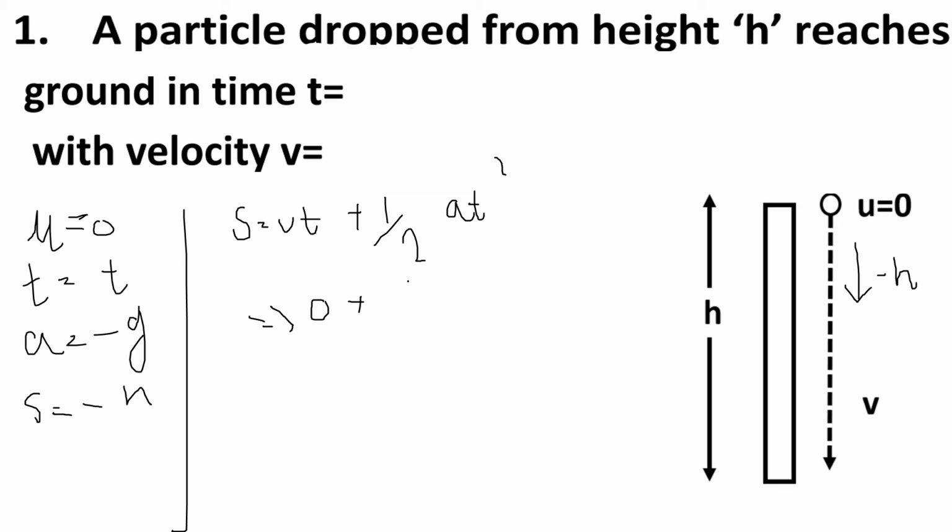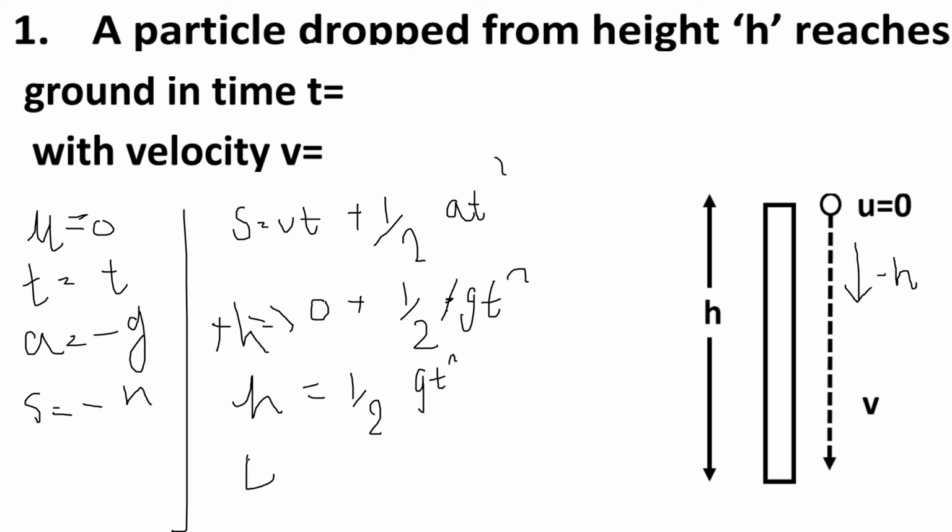Now the acceleration is negative, so it is (1/2)(-g)t². Now s is -h. So guys, minus minus cancel, and h will be (1/2)gt².